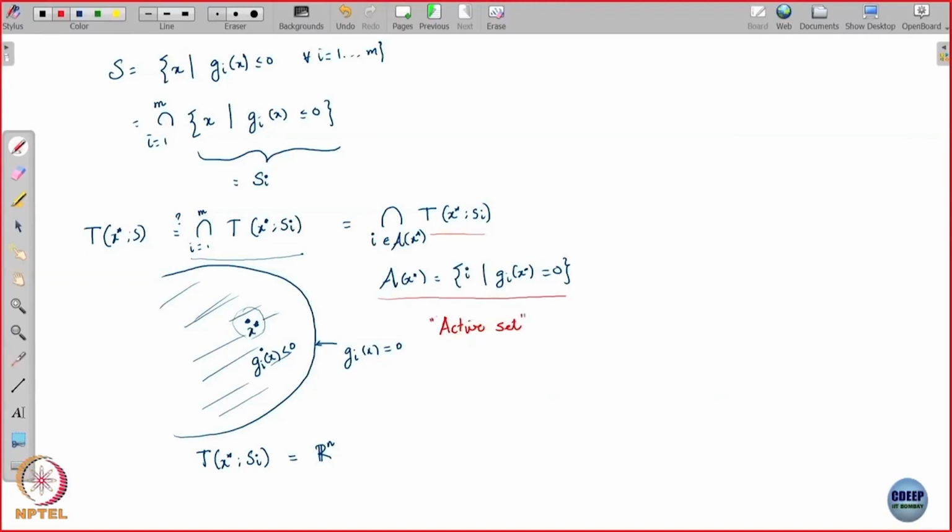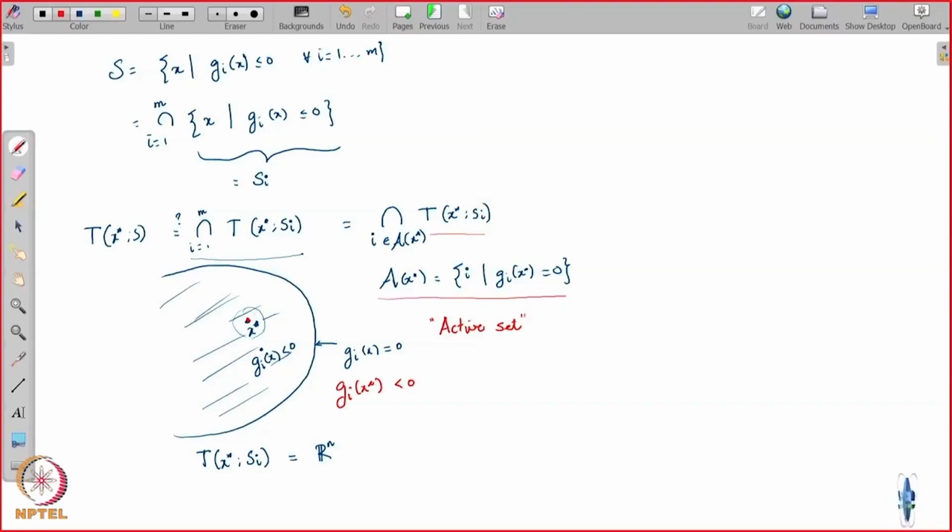So T of x star with respect to S is, we are hoping, can be made equal to this intersection here. But in this intersection, if I look at an i for which g i of x star is strictly less than 0, then such an x star will lie in the interior, and around that x star I can fit a ball that lies completely in the set.